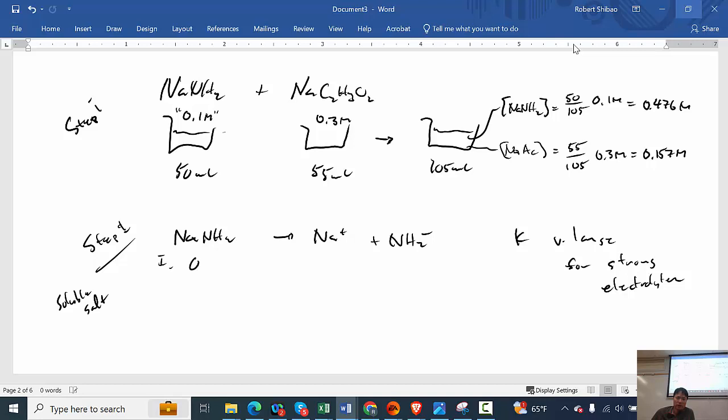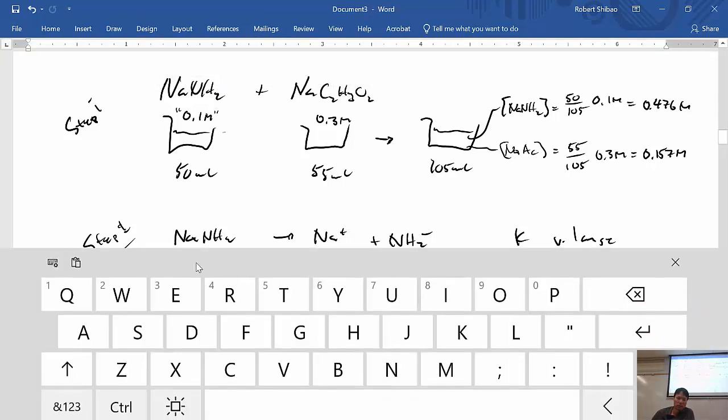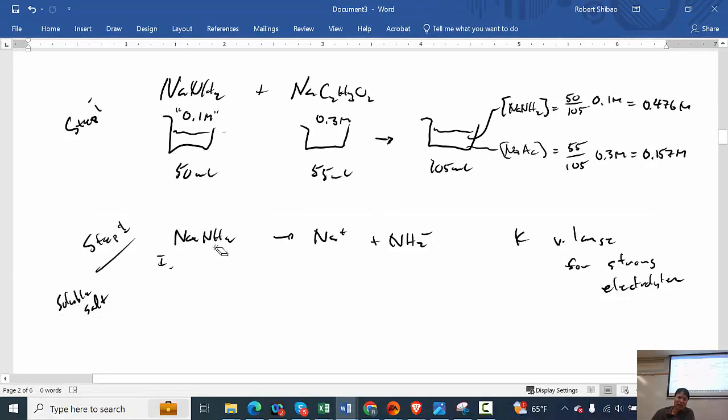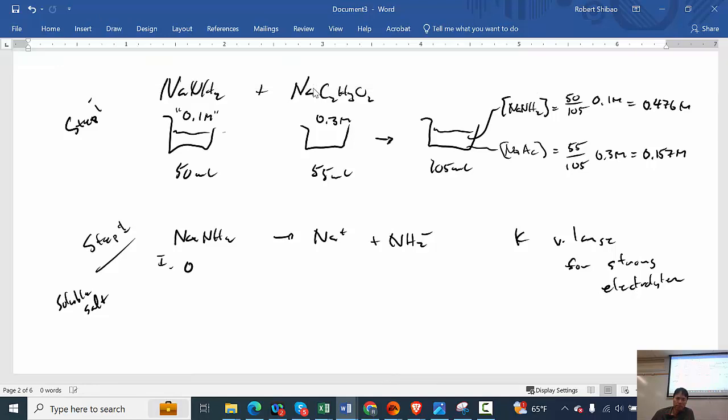And so initially, if we had 0.1 molar, actually it's not 0.1 molar any longer, because this is not the initial, this is the initial what? This is the initial mixture. Not that everybody does it, but you know, every semester somebody will do the initial in the ICE table. And I'm carrying more digits than I'm allowed.